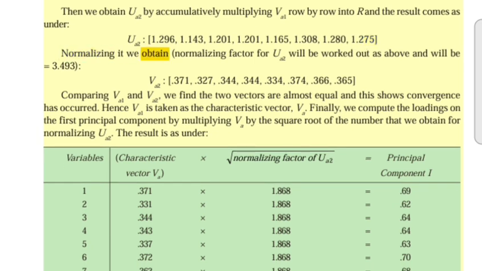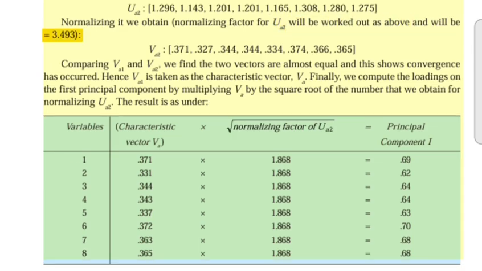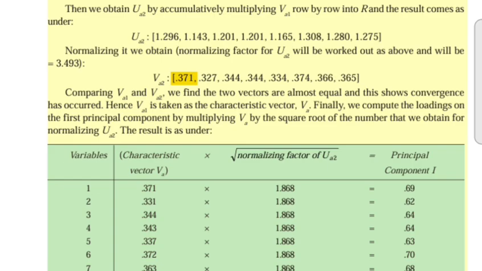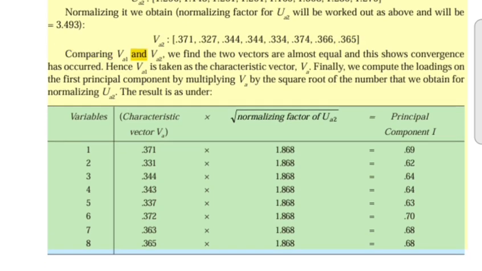Normalizing it, the normalizing factor for UA2 will be worked out as above and will equal 3.493. VA2: 0.371, 0.327, 0.344, 0.344, 0.334, 0.374, 0.366, 0.365. Comparing VA1 and VA2, we find the two vectors are almost equal and this shows convergence has occurred.